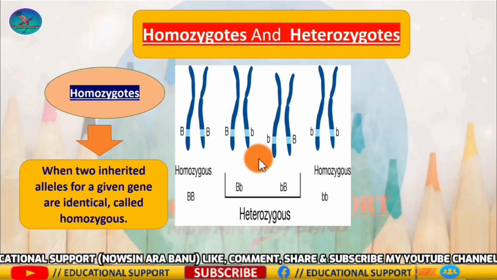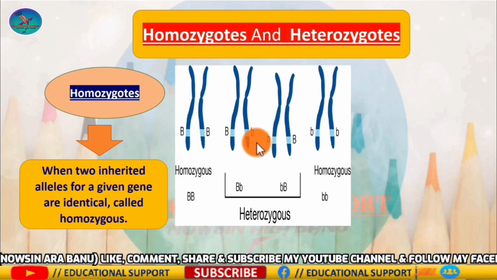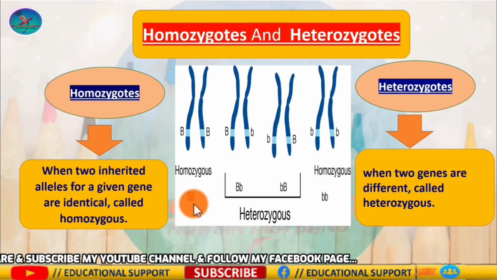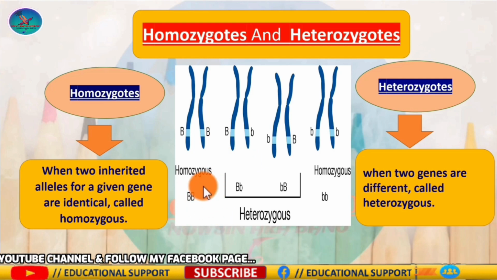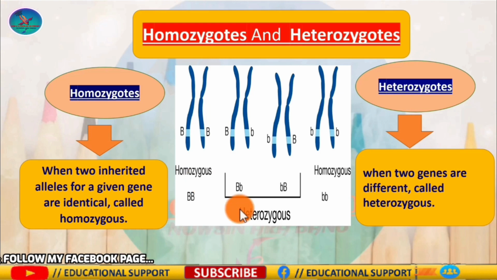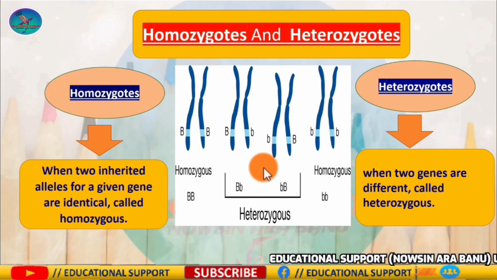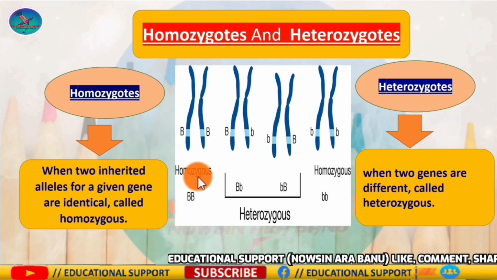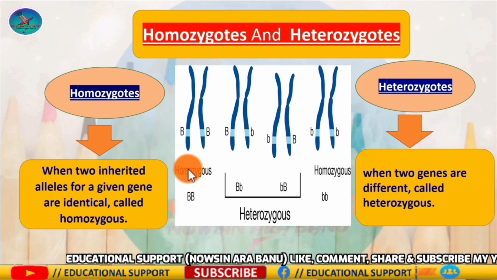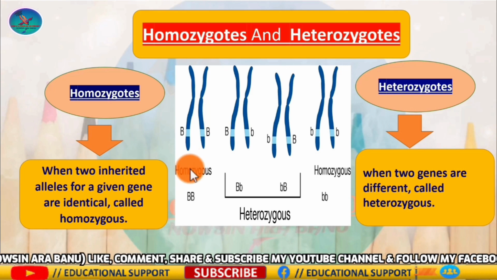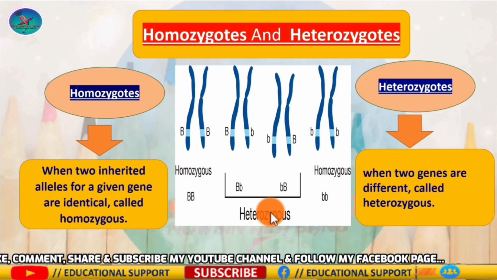When they are different, they are called heterozygous. So, genotype can be either homozygous or heterozygous. When the two inherited alleles for a given gene are identical, this specific gene is called homozygous. Alternatively, when the two alleles are different, the gene is said to be heterozygous.